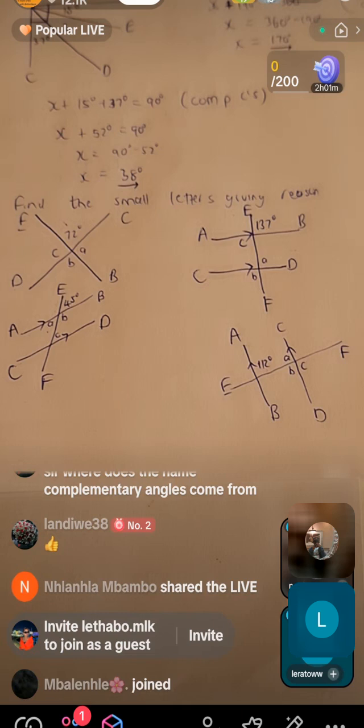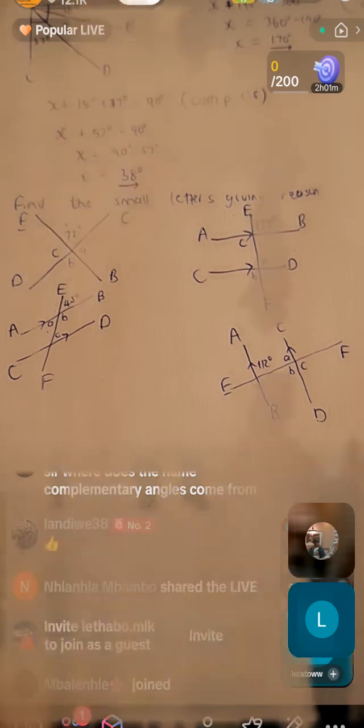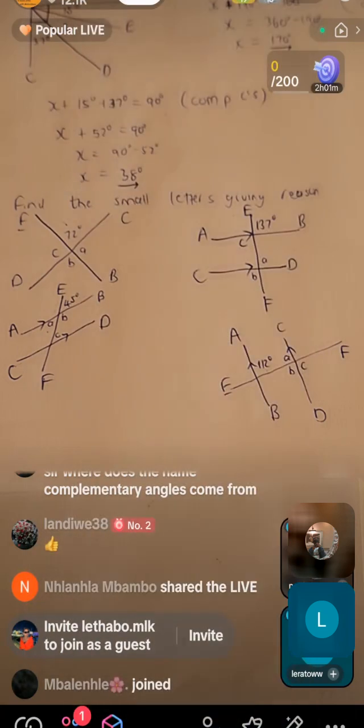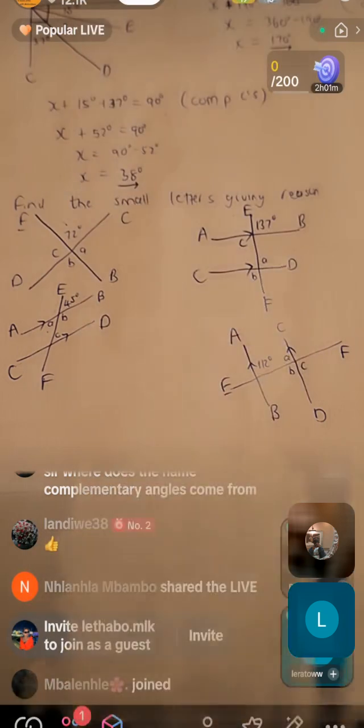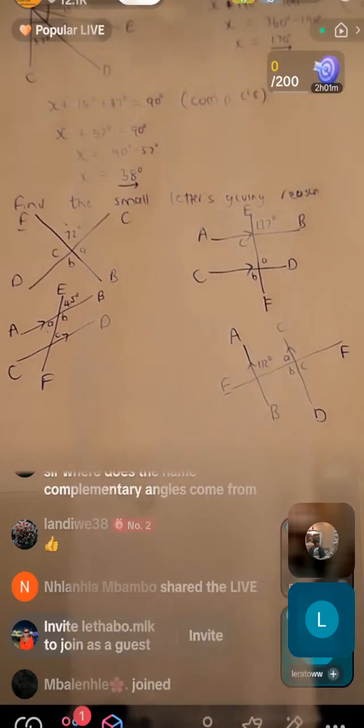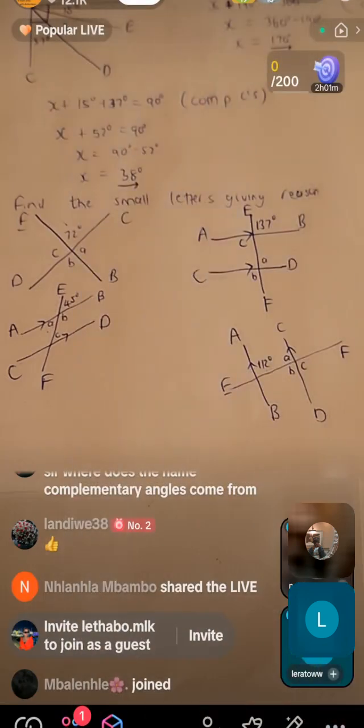Most of these questions are basic questions for grade 8 and 9. This is basic grade 8 and 9, and it is very important. Remember what I said to you: I'm trying to establish this thing of you using the correct reason and making sure you know how to identify the angle.